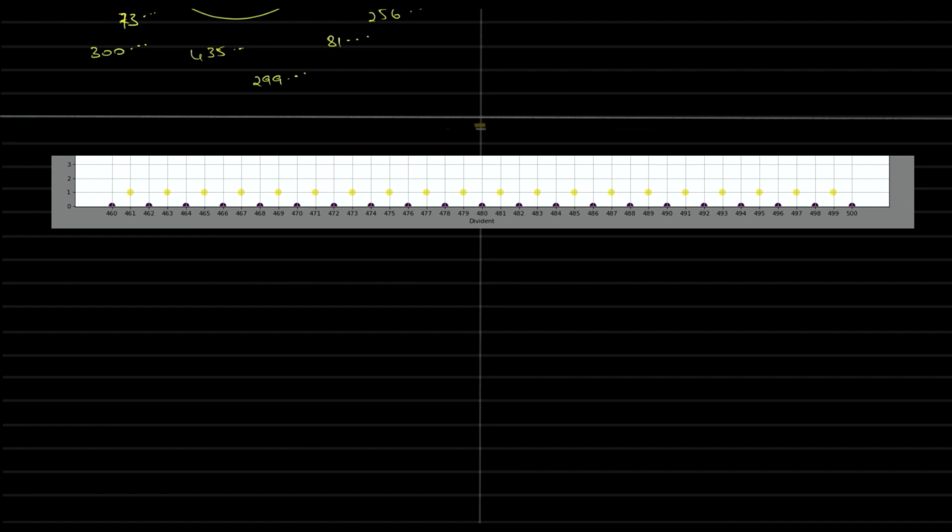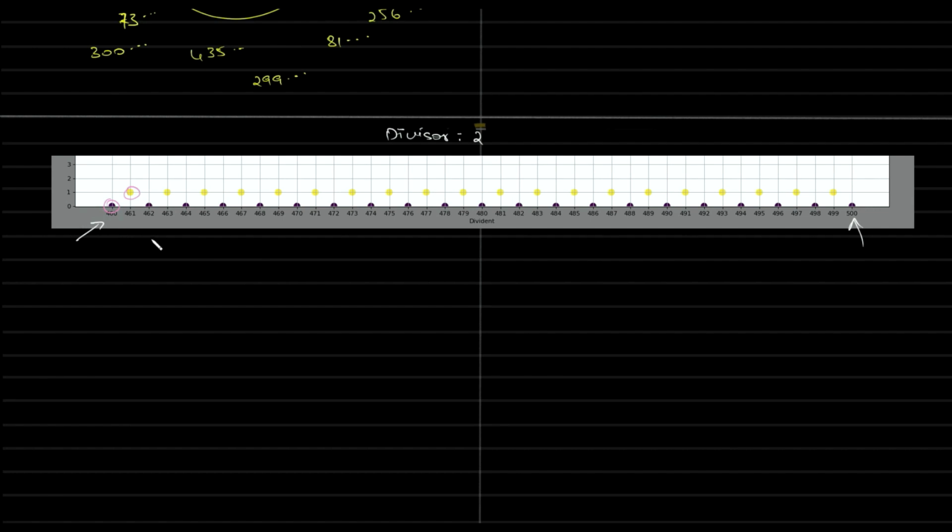So with the divisor being 2, and all the possible integers from 460 to 500, including 500, the remainders are either 0 or 1, right?